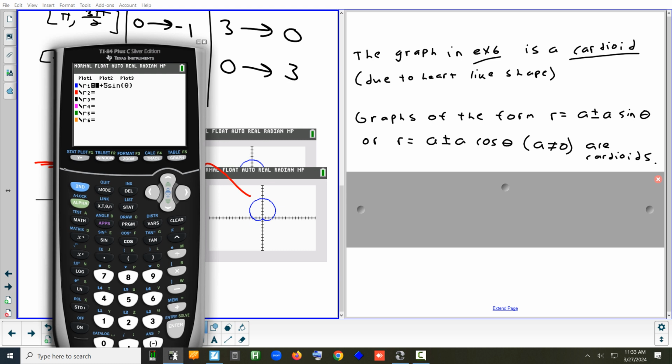Now, what's the difference between sine and cosine? Think of them on an XY graph. What's the difference? Yeah. Sine's the y value, cosine is the x value.